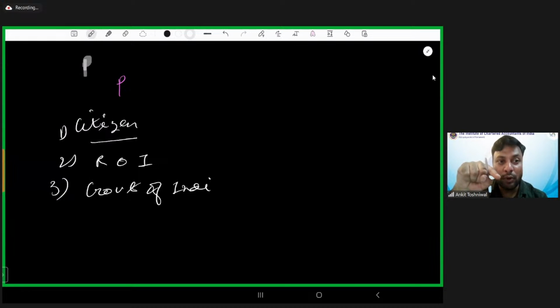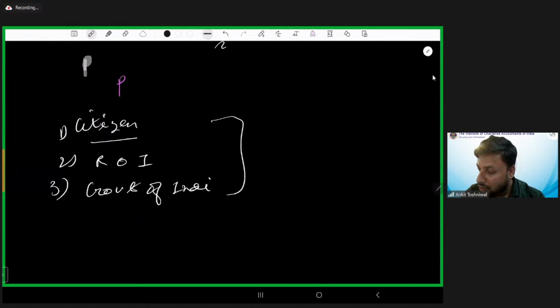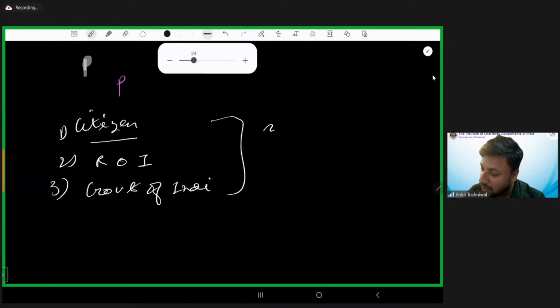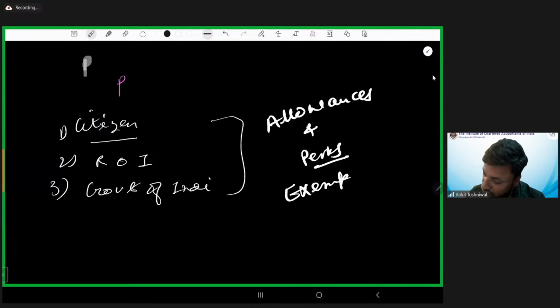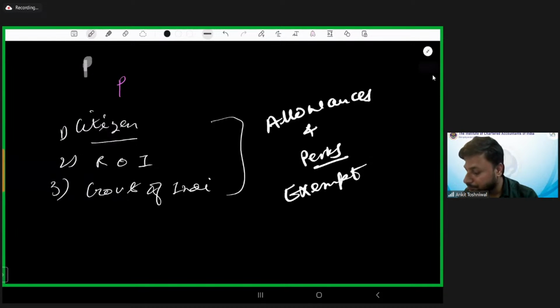And for such an employee, a point to be noted here, all the allowances and perquisites are exempted. We will discuss this in this chapter only. All the allowances and perquisites regarding the salary head are exempted. I will ask in the later session. Getting my point? Okay.